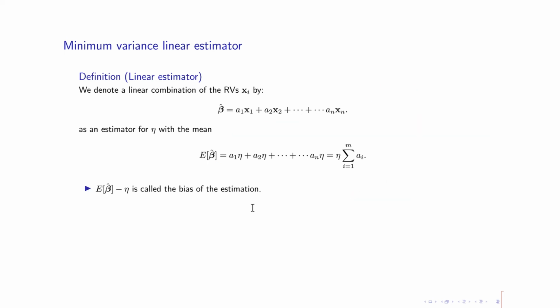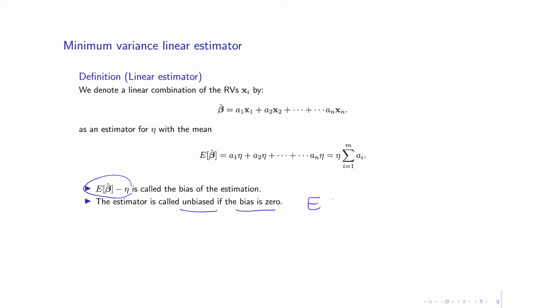So we call the difference between the mean of the estimate and eta the bias. Now, we call an estimator unbiased if the difference between the mean and the true value is zero.